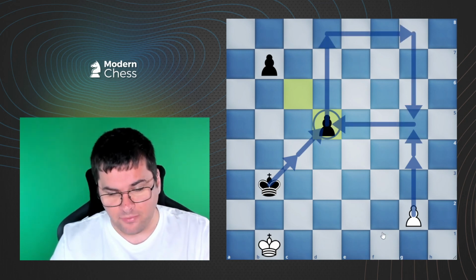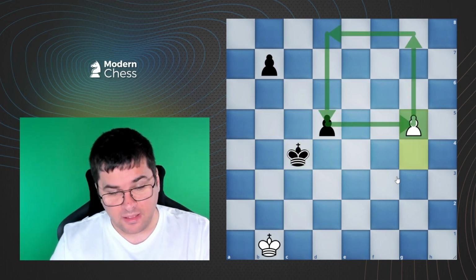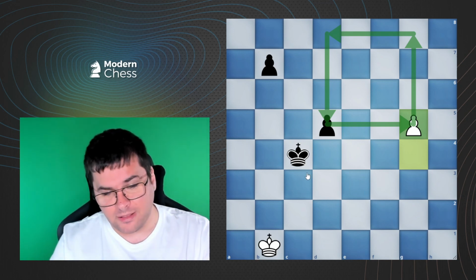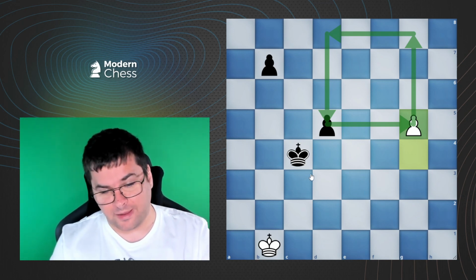Let's see how this concept works in practice. g4, let's suppose king c4, g5, and the d5 pawn doesn't allow the black king to enter the square, and okay, black should already resign.